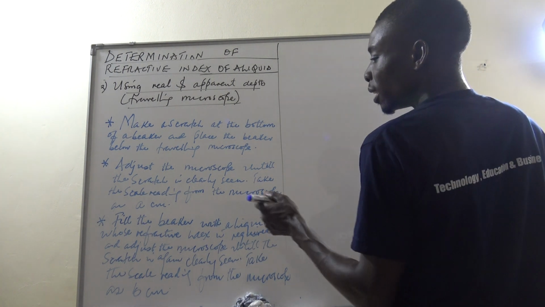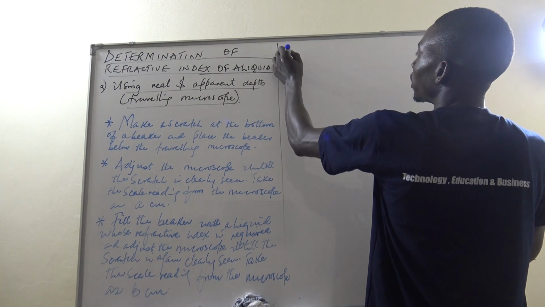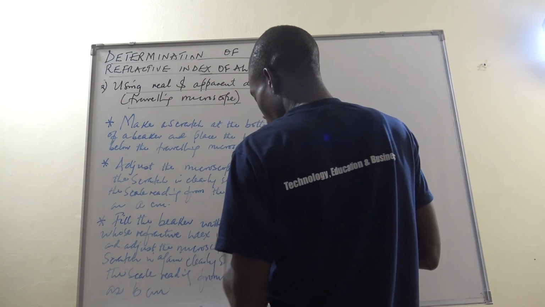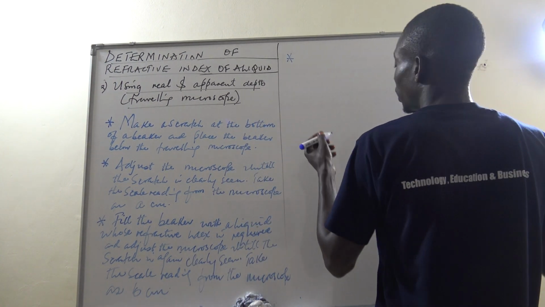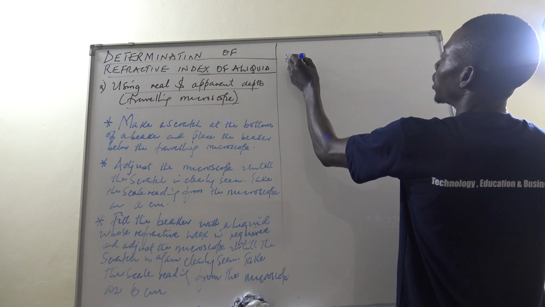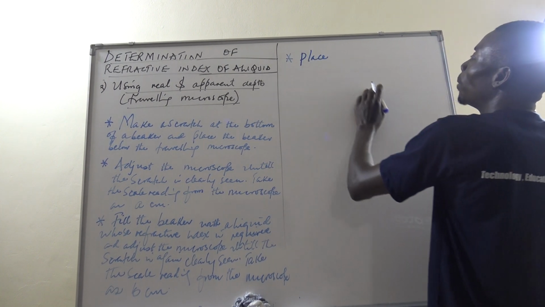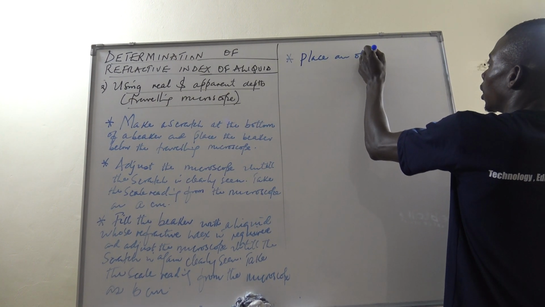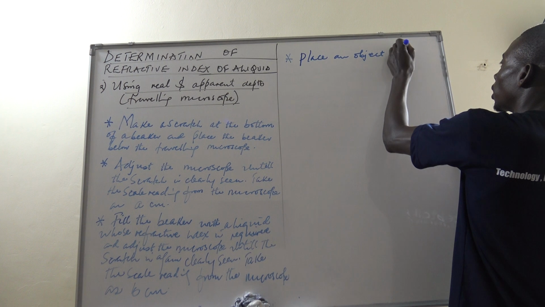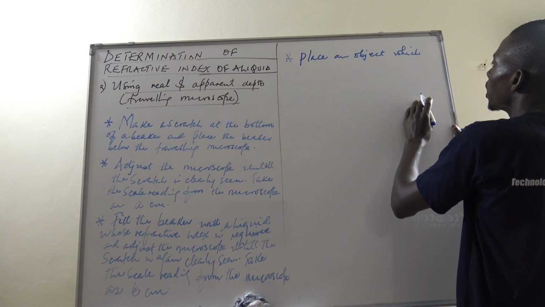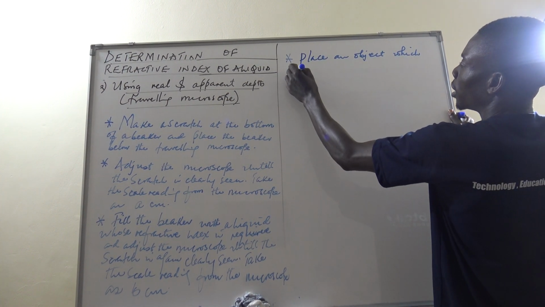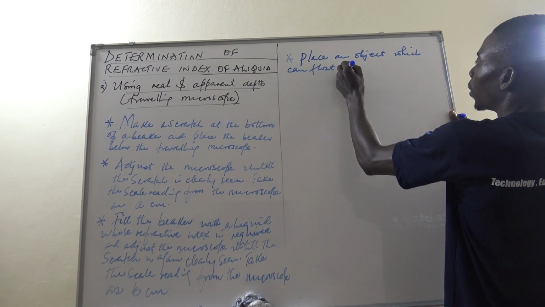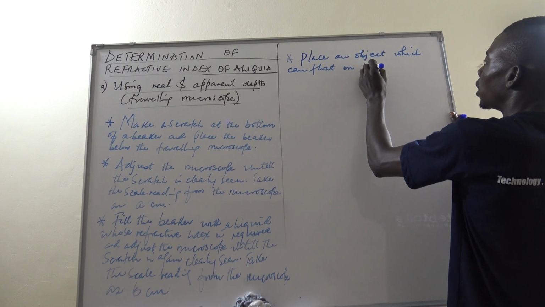And then after doing that, we can say place an object which can float on liquid.